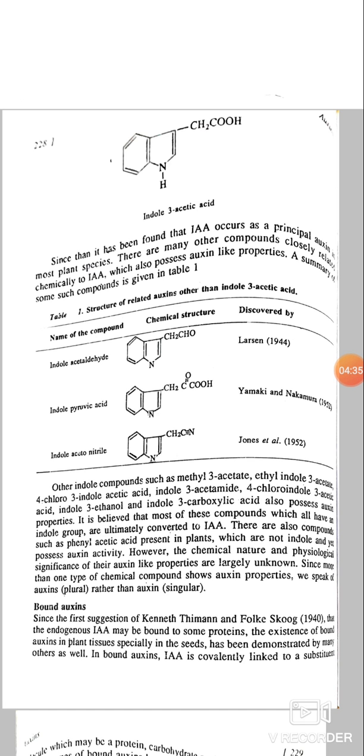Names of compounds are indole acetaldehyde, which was discovered by Larsen, indole pyruvic acid, which was discovered by Yamaki and Nakamura, and indole acetonitrile, which was discovered by Jones et al. in 1952.